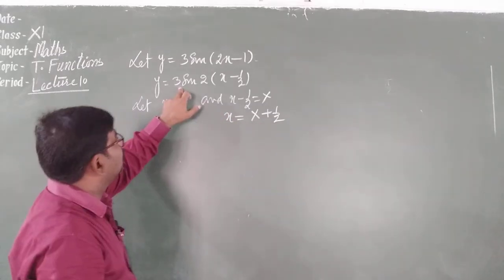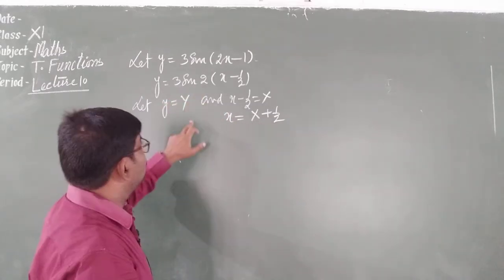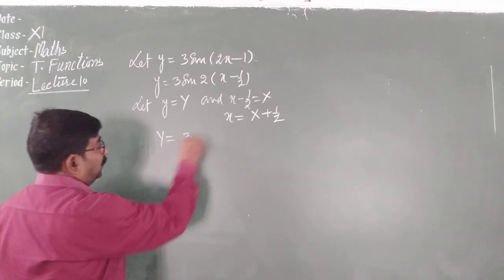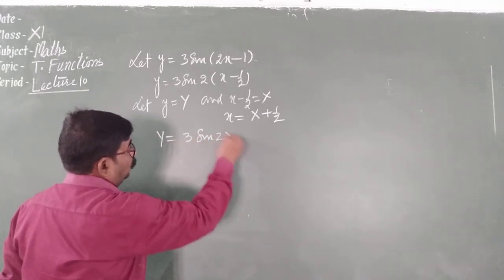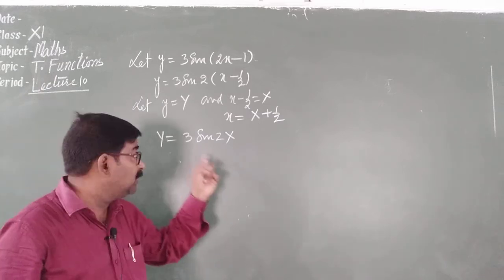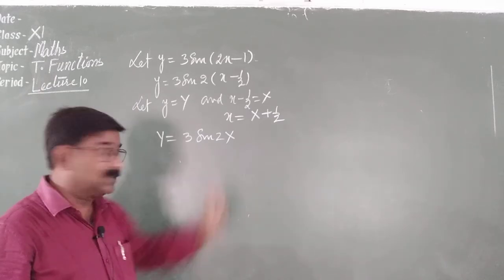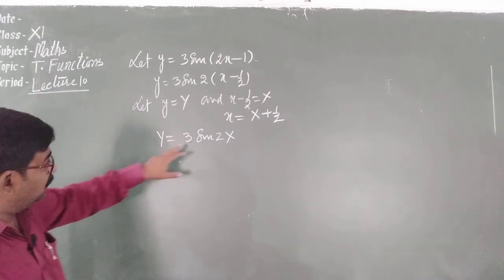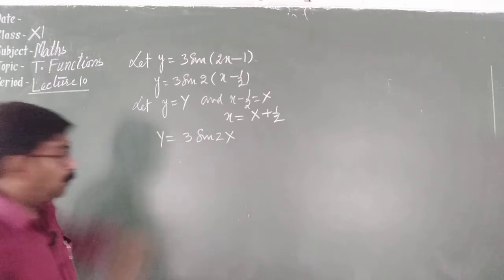We have 3 sin 2x, means what can we write? Y is equal to 3 sin 2x, and right now we had plotted the graph of this 3 sin 2x. So its domain is all real and range is -3 to +3.